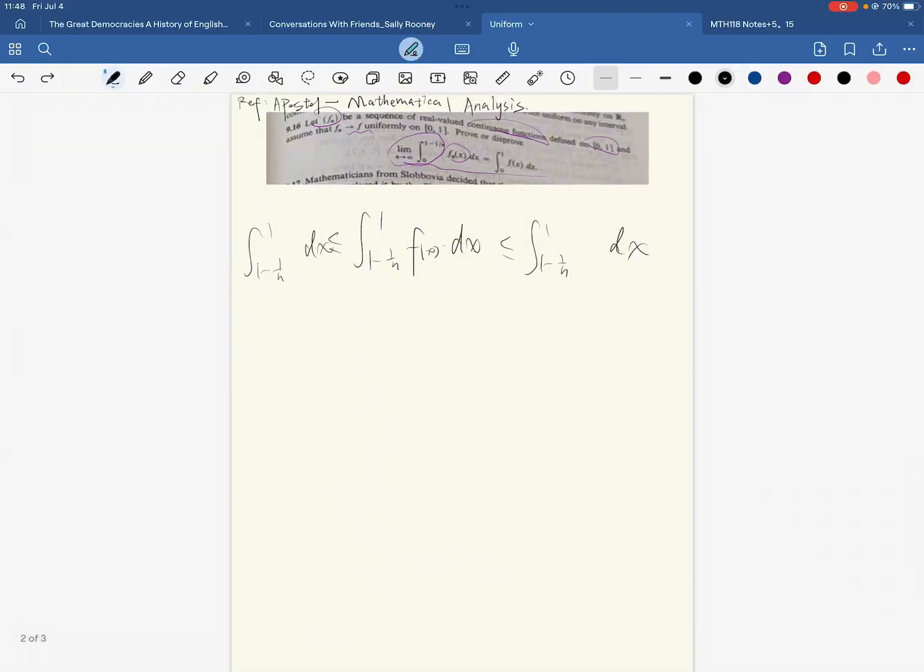We haven't used the property that Fn is a continuous function defined on 0 to 1.